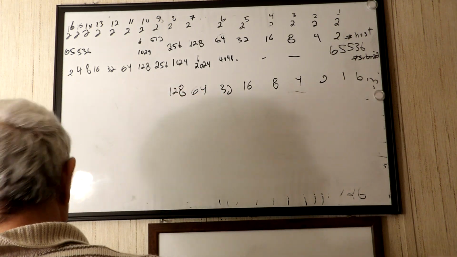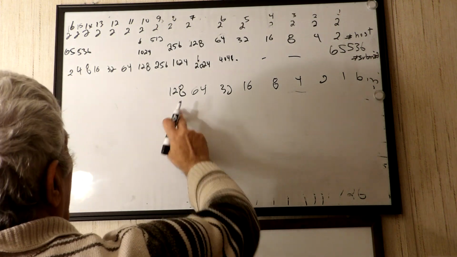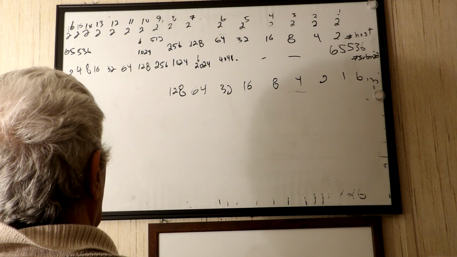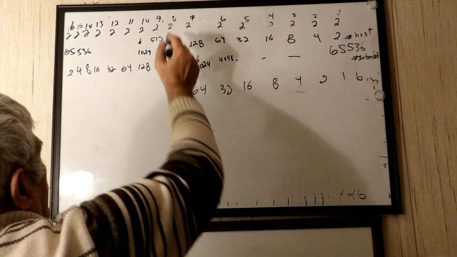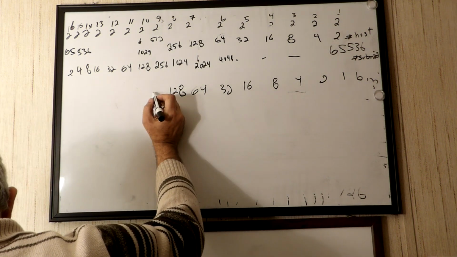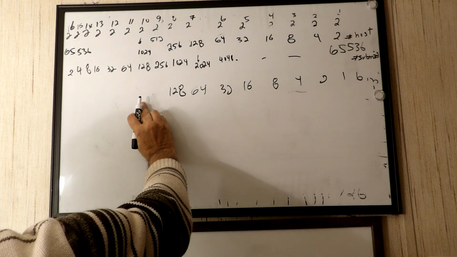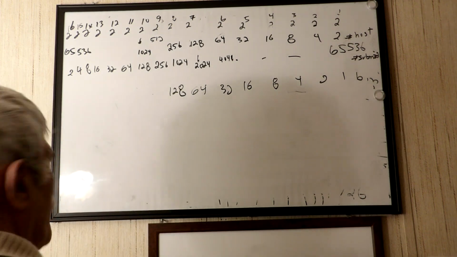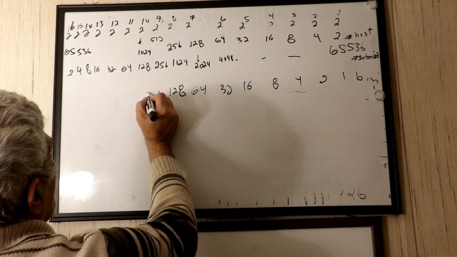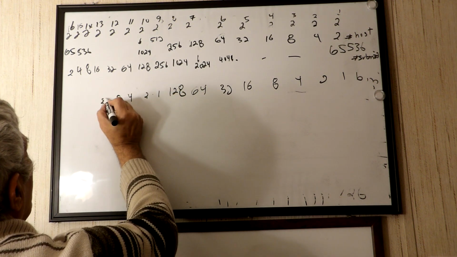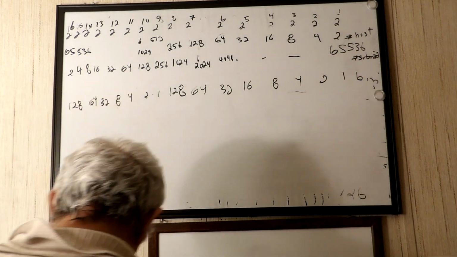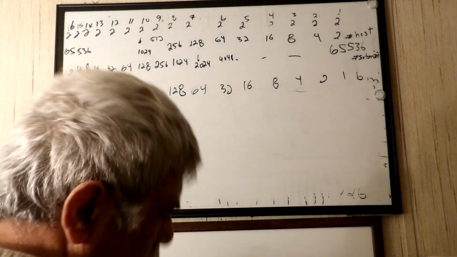Okay, 1, 2, 4, 8, 16, and then it continues like this because binary starts from 1, 2, 4, 8, 32, 64, 128.